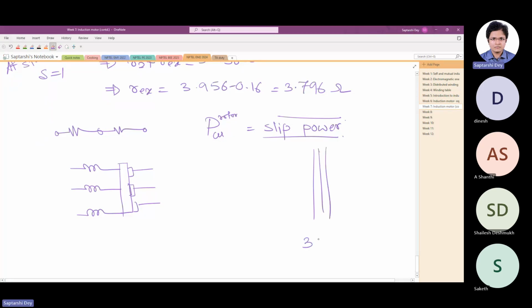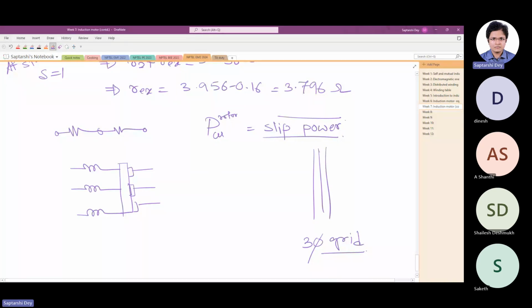You have a three-phase grid here. Feed this power back to the grid, so the machine will see that the power is being absorbed by the rotor, but we are not losing the power. The power is being fed back to the grid.